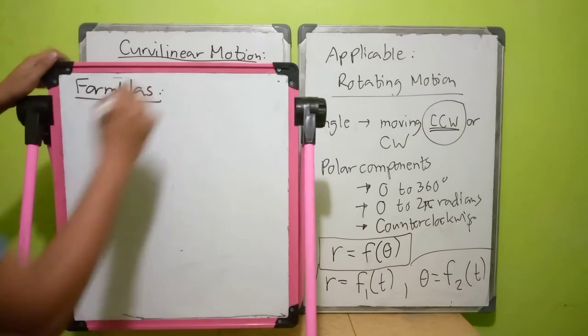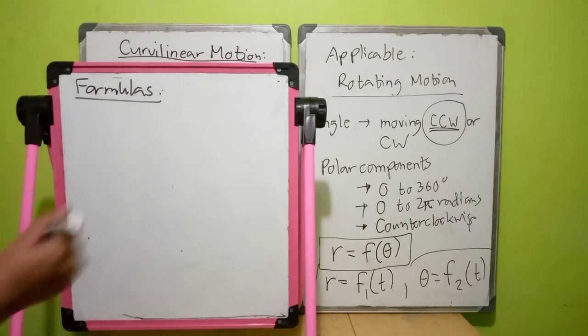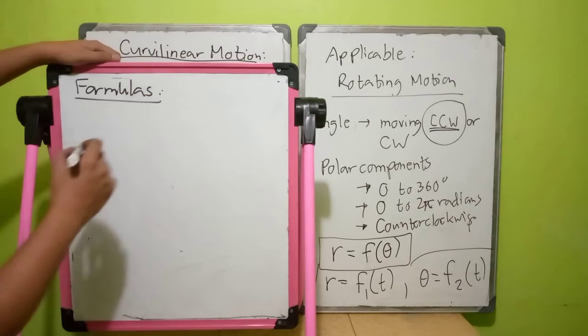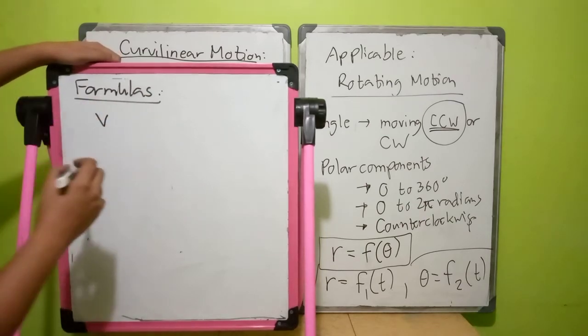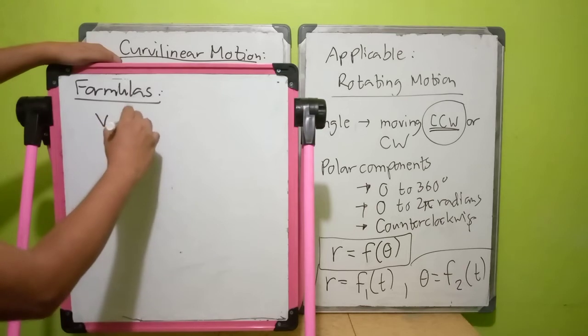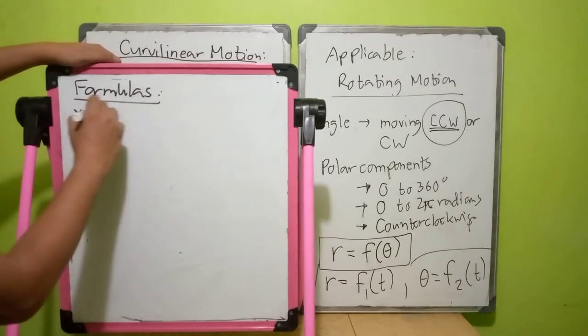Since we have a radial and tangential component, let us say formulas, this is for velocity.